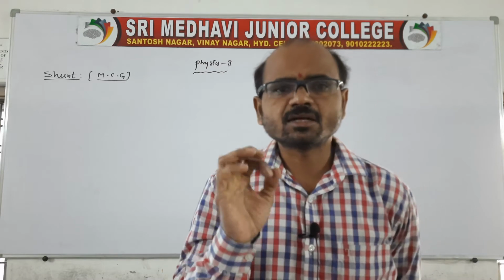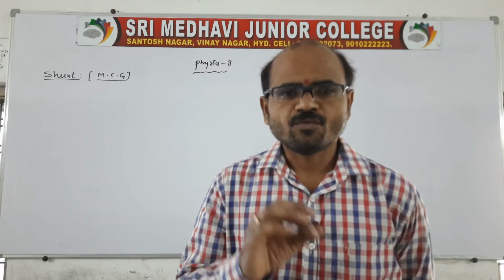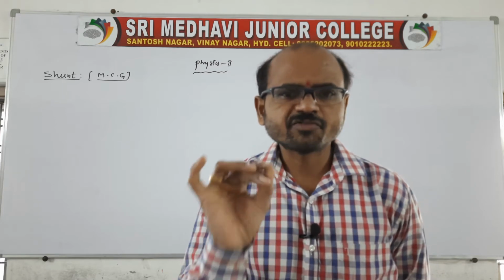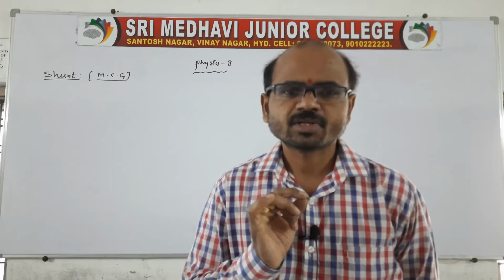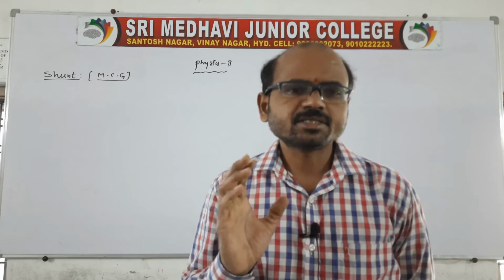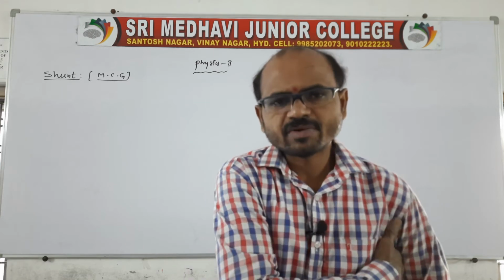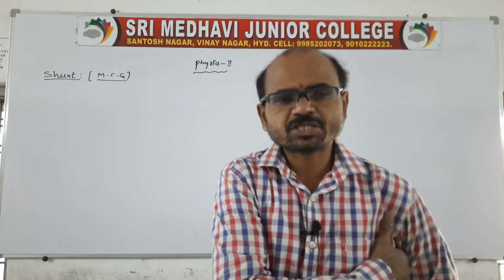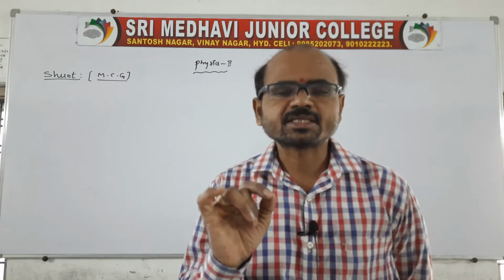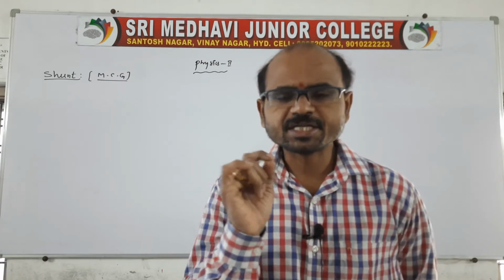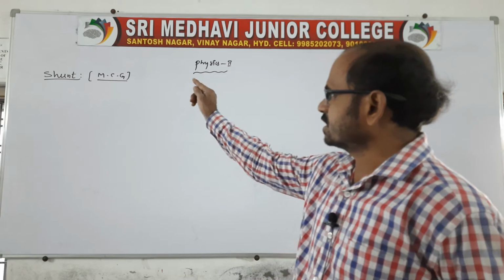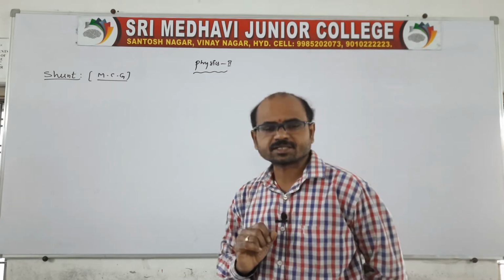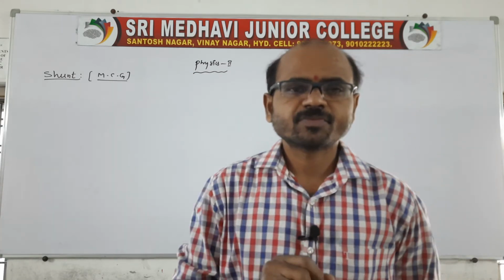MCG, the moving coil galvanometer, is a very sensitive instrument. Usually when high current flows through the MCG, the instrument may be damaged. To avoid the damage, we must protect it, so a shunt is connected to the MCG.